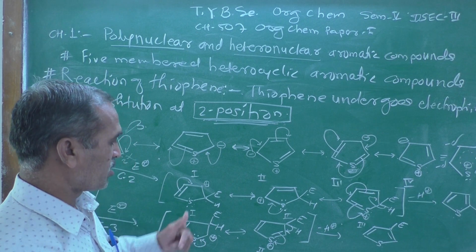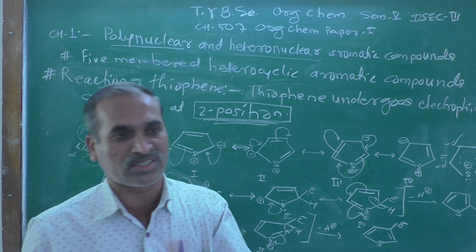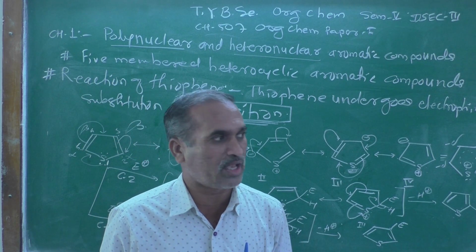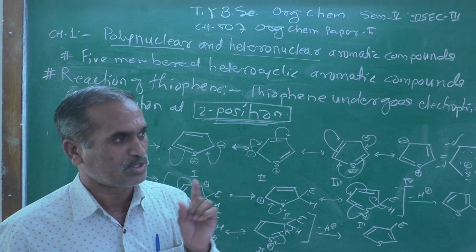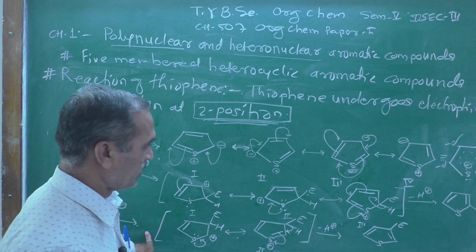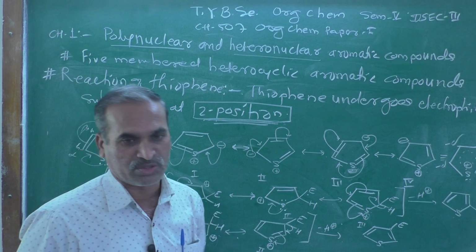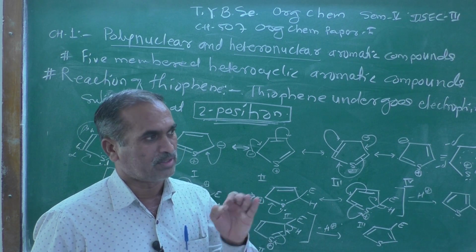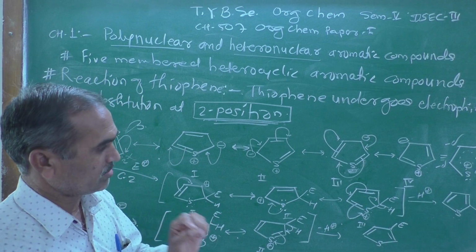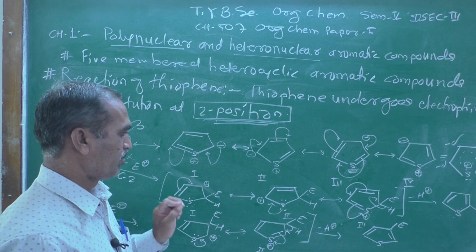In that, one of the carbon-carbon double bonds is not participating in a resonating structure, and therefore the possibility of attack of the electrophile at the 3 position is very rare, a very minor case.